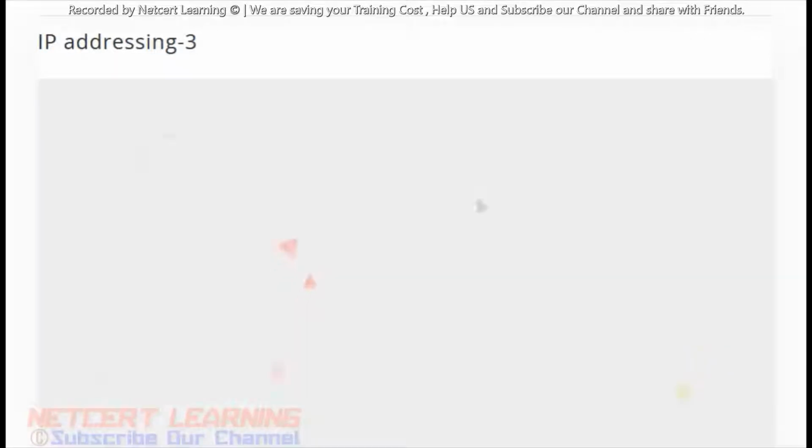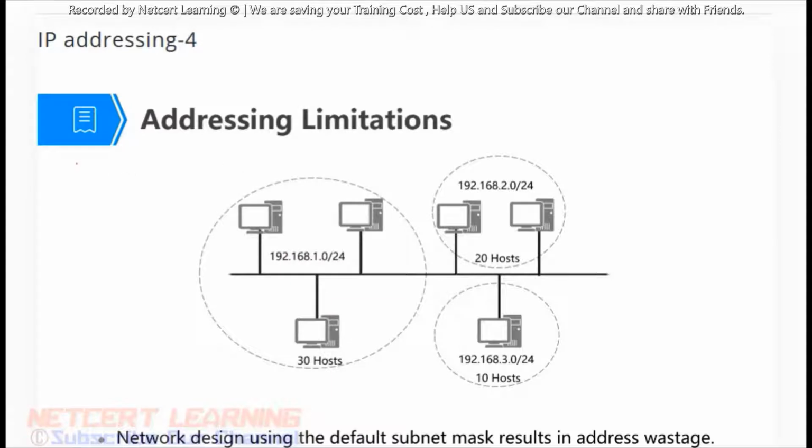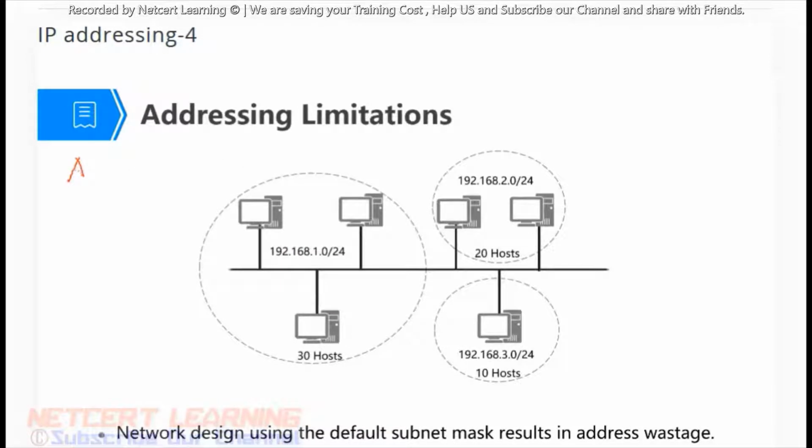This is the class ABC system. It can work, but there are some shortcomings. For example, in class A the network part is 8 bits, so the host part is 24 bits.